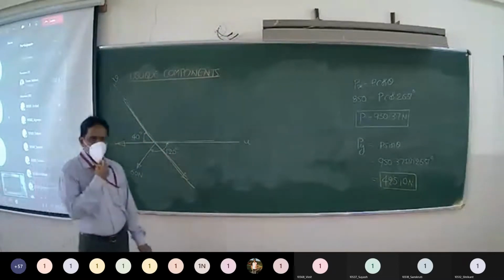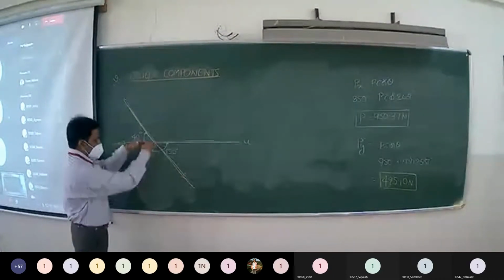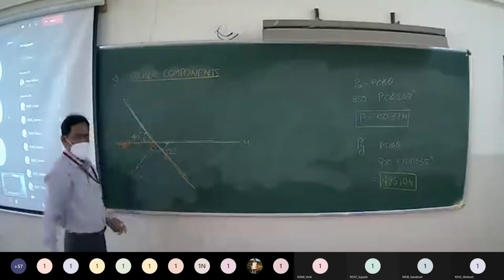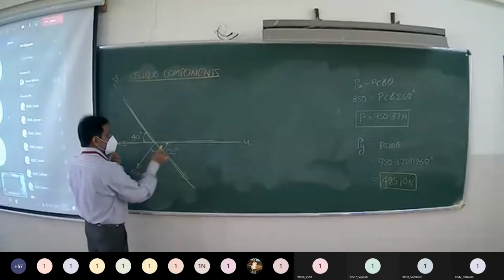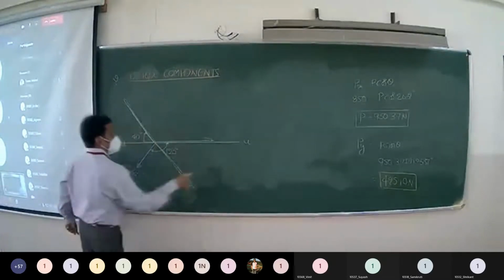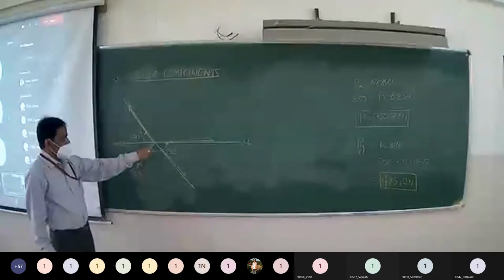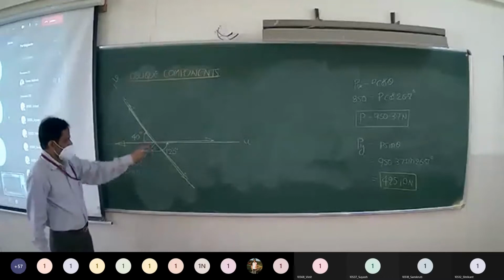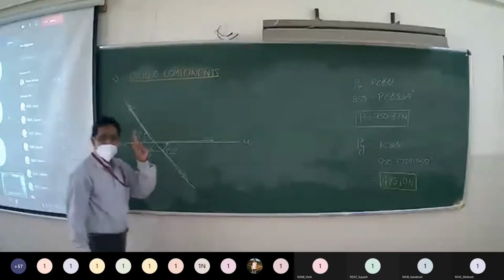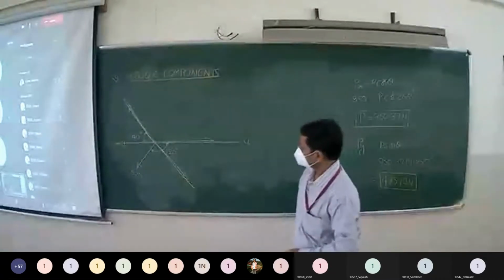Are you getting my point? The given force must be between the two components, and the sense of the force and the sense of the components must be same. So these 2 points you have to remember.